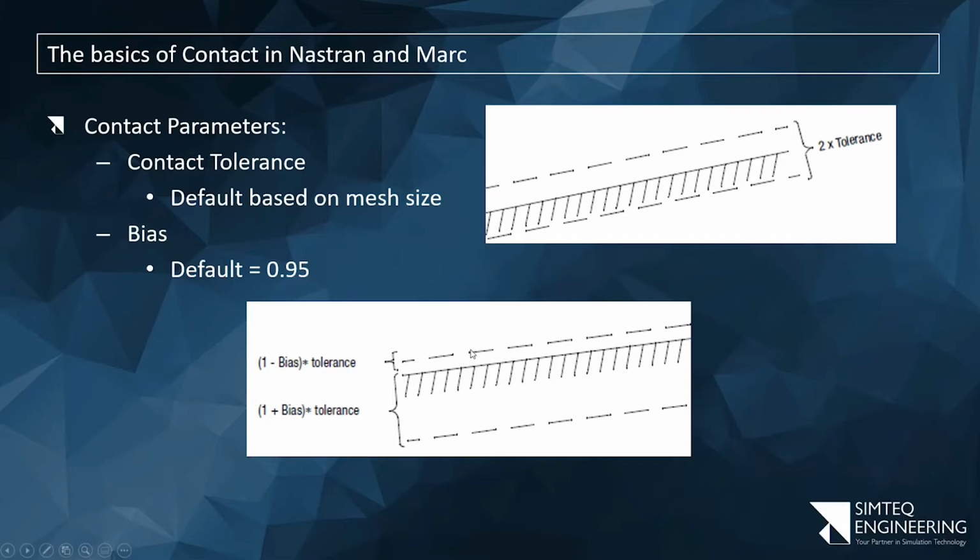If it was exactly 1, that outside face, or the outside region, would perfectly lie on top of that face. So the default says 5%. If we look at that equation, 1 minus 0.95, it's 5% of the tolerance that is outside and 1.95 will be on the inside. In other words, the distance tolerance changes that size and the bias changes where it occurs.